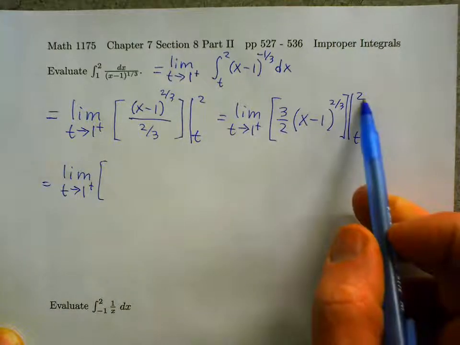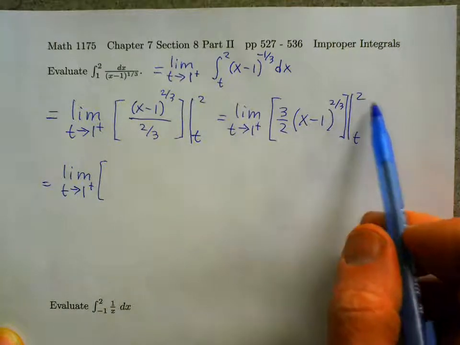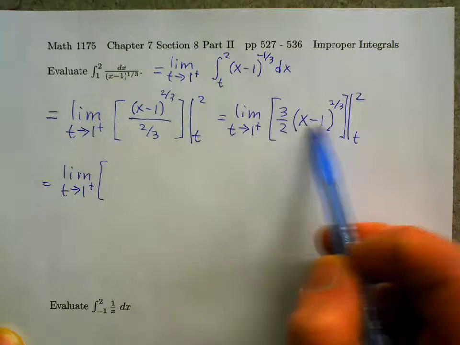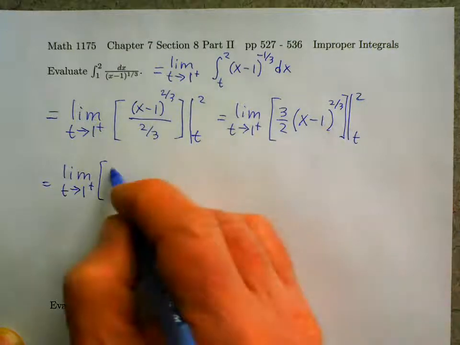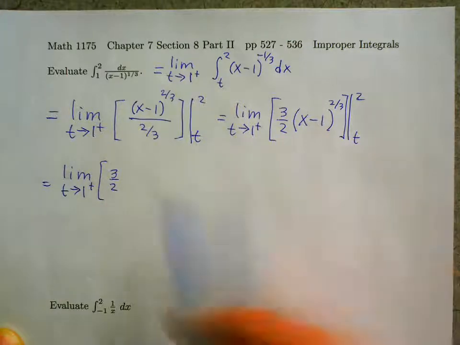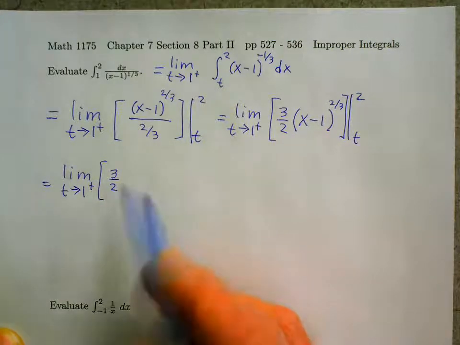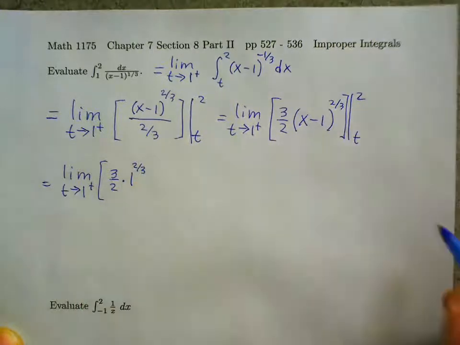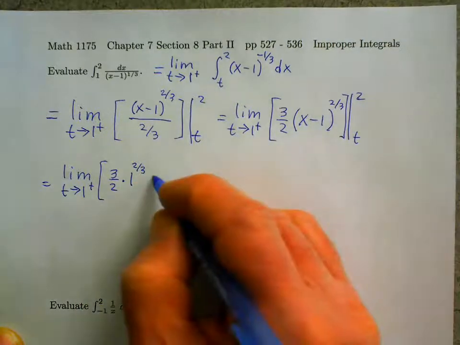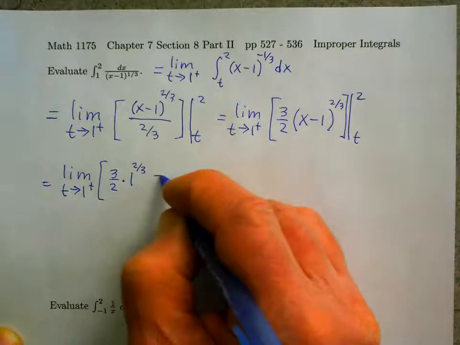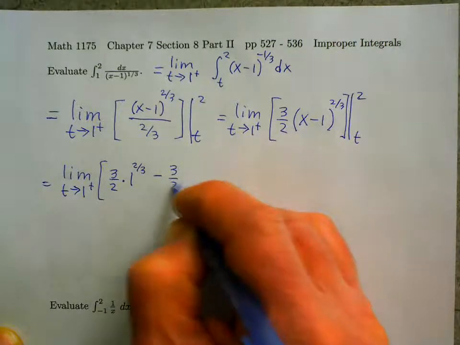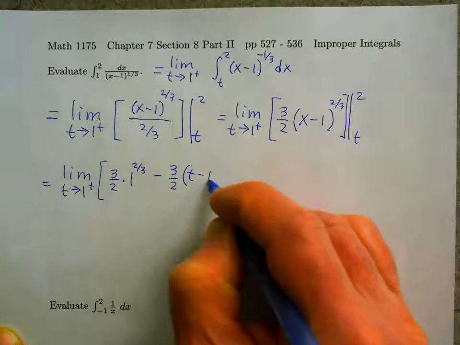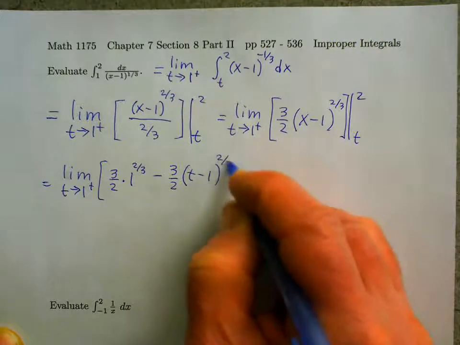Okay, so when x is 2, 2 minus 1 is 1, so we just get 3/2 times 1 to the 2/3. And then we're going to subtract 3/2 times the quantity t minus 1 to the 2/3.